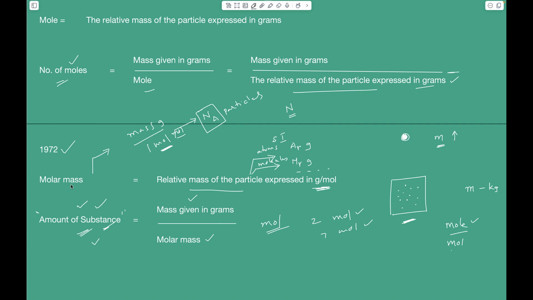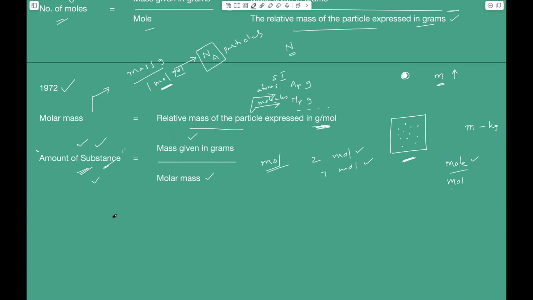So molar mass is nothing but the relative mass of the particle expressed in gram per mole, and amount of substance given the mass of the substance in grams is the given mass in grams over molar mass. Now we are ready to work out some examples.